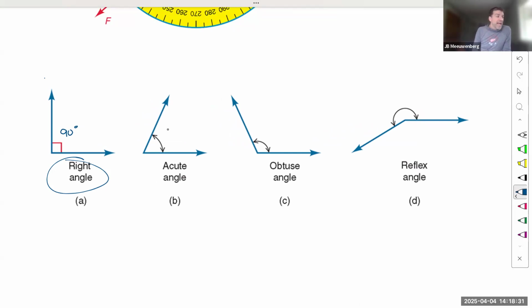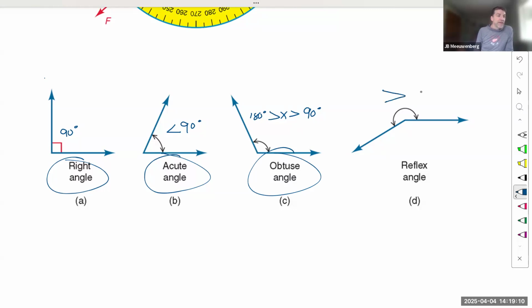If we measure our angle and it's less than 90 degrees, it is called acute. It's small, it's little, it's acute. If it is bigger than 90 degrees but less than 180 degrees, so I'll say that's our angle X, greater than 90 degrees but less than 180 degrees, it's between those two, then it is called obtuse.